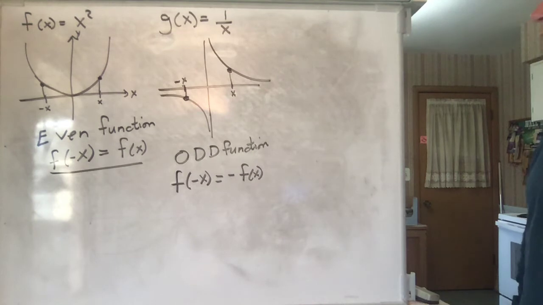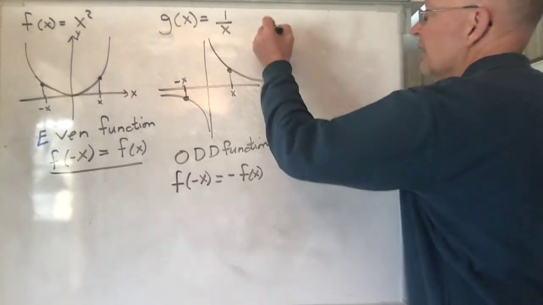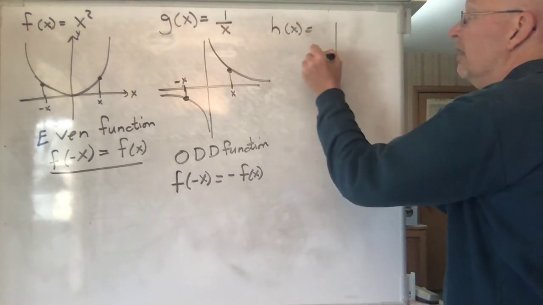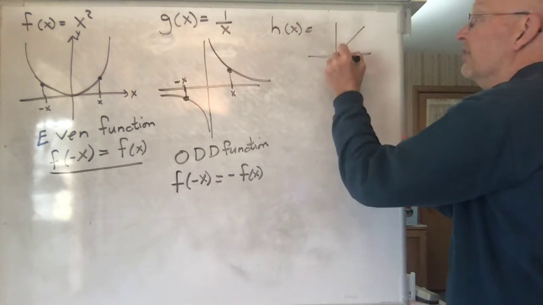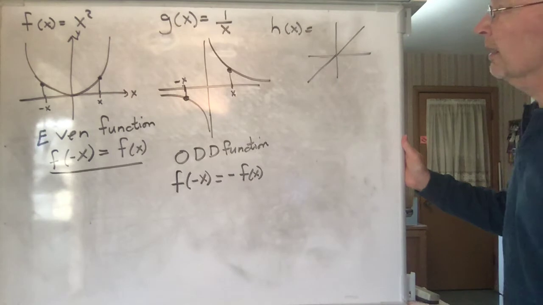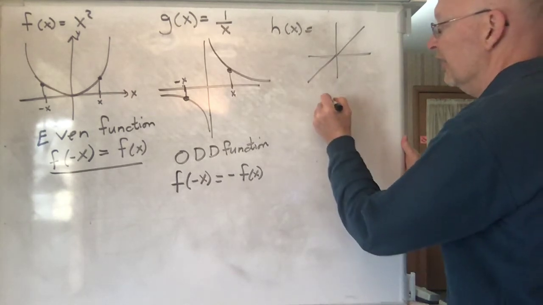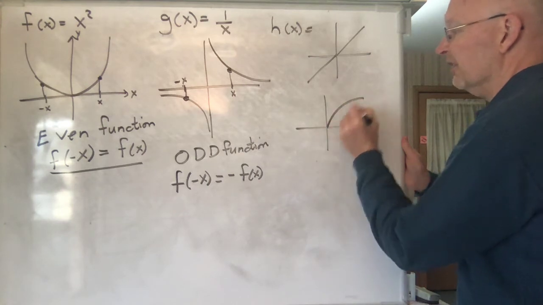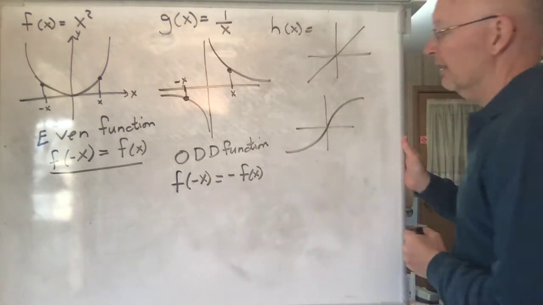And we had several others as well. Here was one. Oh, here's a simple one. Just y equals x is one. Another one is the cube root of x, which looks like that.